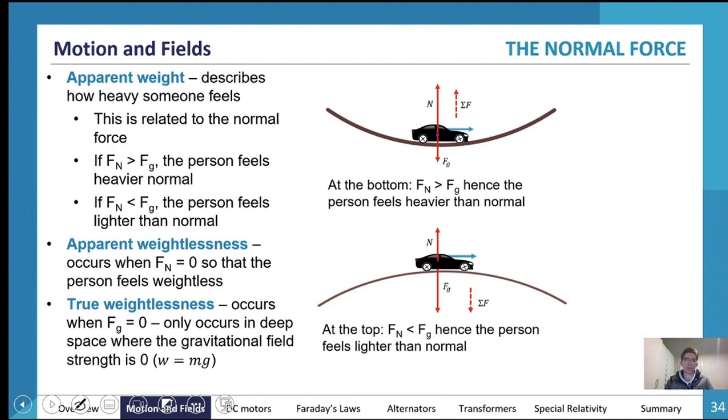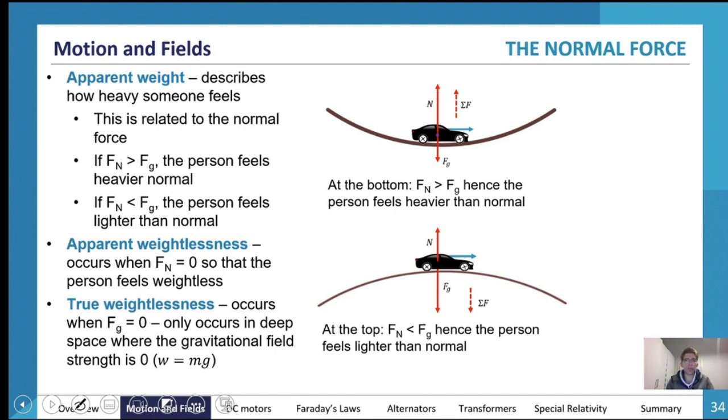The normal force is obviously our perception of the weight force, because we can't feel our weight force, but we can feel the ground pushing us up. Therefore, apparent weight describes how heavy someone feels, and this is related to the normal force. If the normal force is greater than the weight force, then the person will feel heavier than they usually feel, because usually they're standing on the ground still, and the normal force is equal to the weight force.